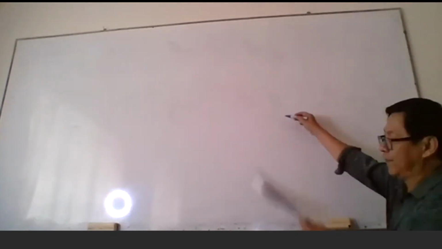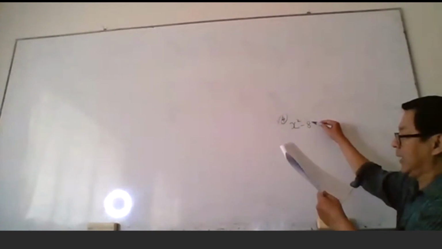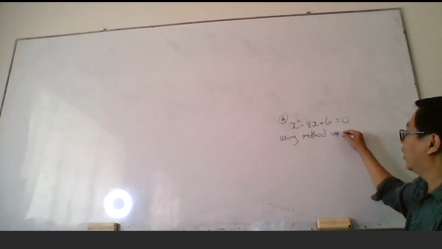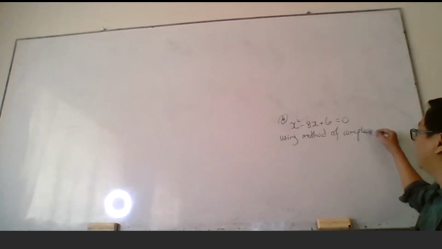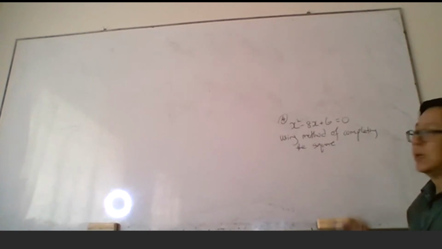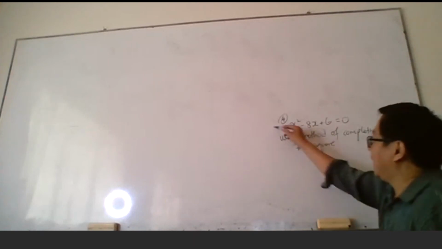Okay, I'm going to use the method of completing the square. For your question 4, x squared minus 8x plus 6 equals 0. Actually it's simple, so please look at this.